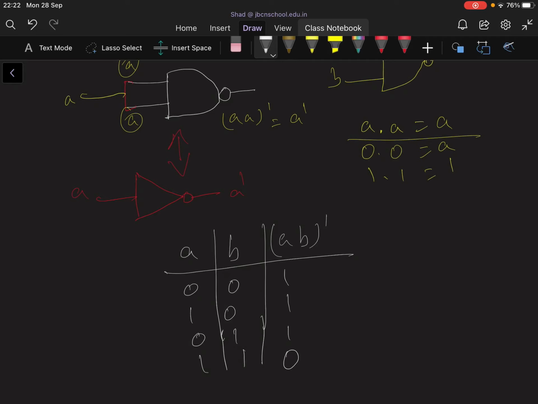We have seen this before. So let's draw the same thing with this.